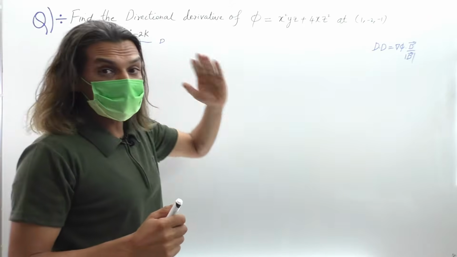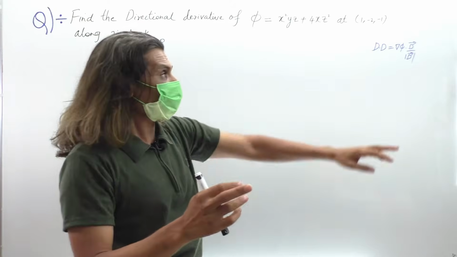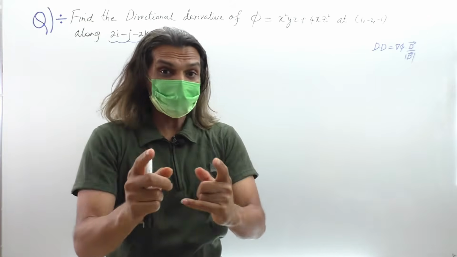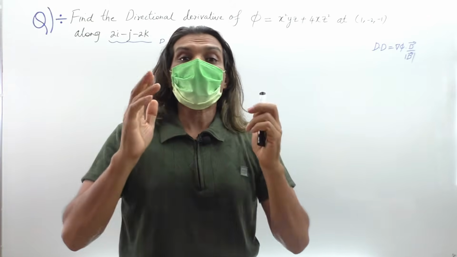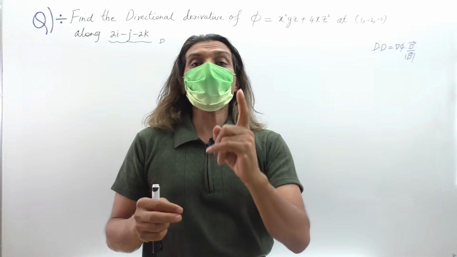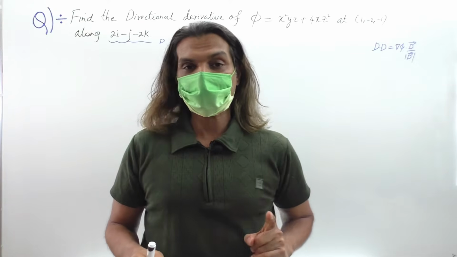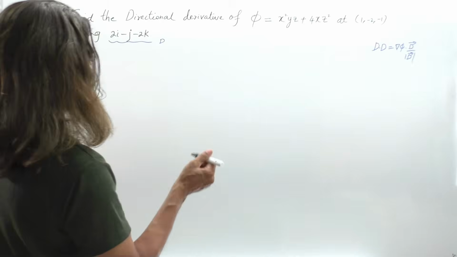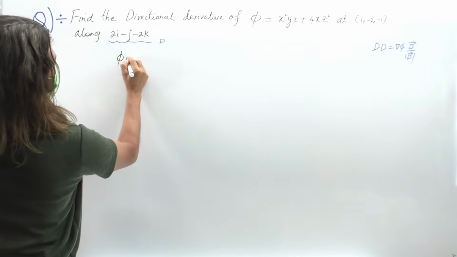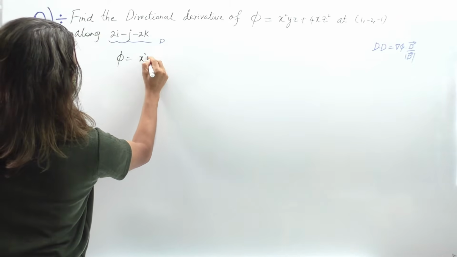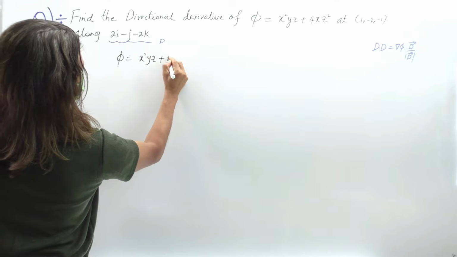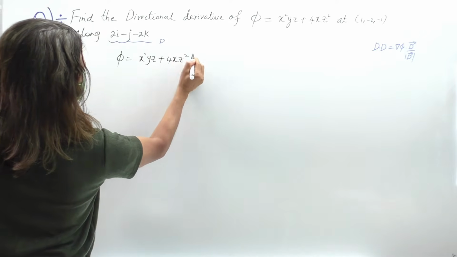Now phi is also given, so we need to first always find del phi. So any surface given, keep it in mind, whenever you are dealing with surfaces, you always need to first find del phi. Okay, so we will find del phi here. So the surface given is phi is equal to x square yz plus 4xz square.